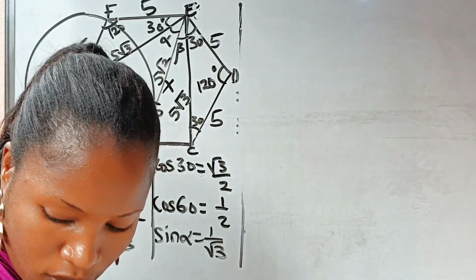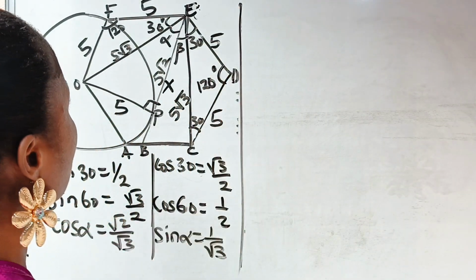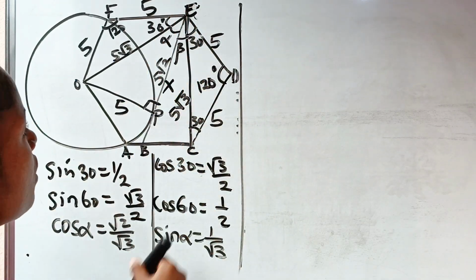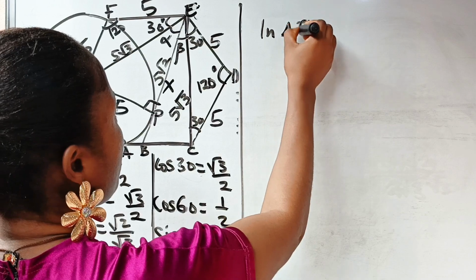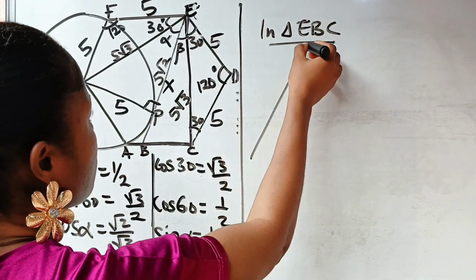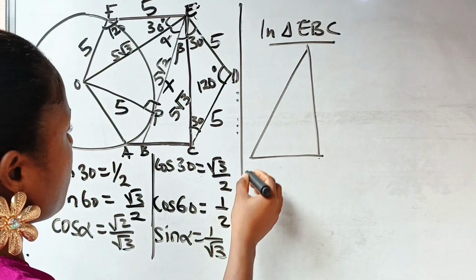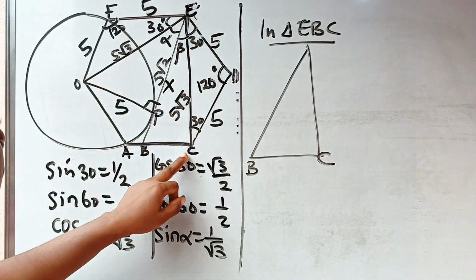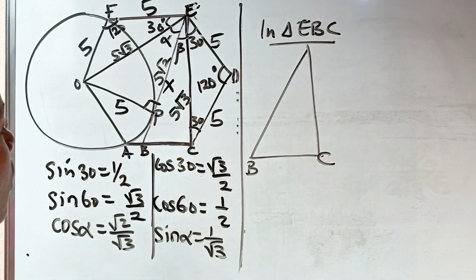Okay, now let us consider triangle EBC. Triangle EBC. So if we draw it out, this is B, this is C. Now, EC is 5√3, right?